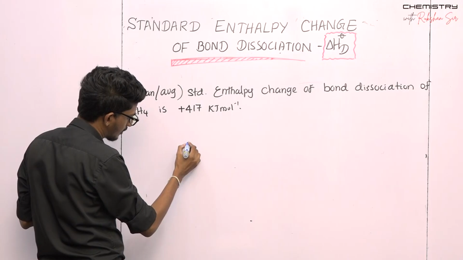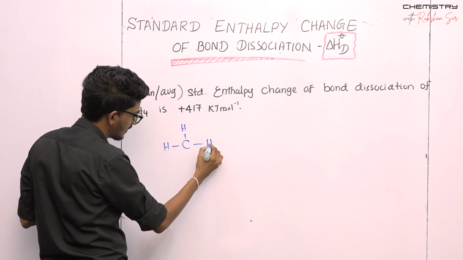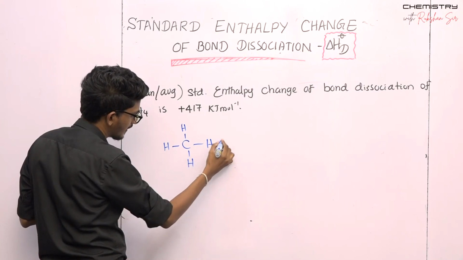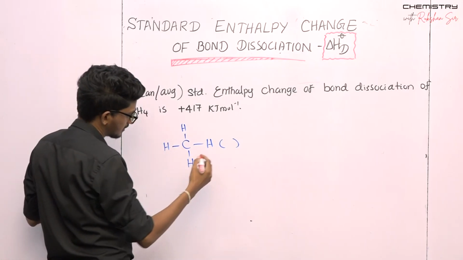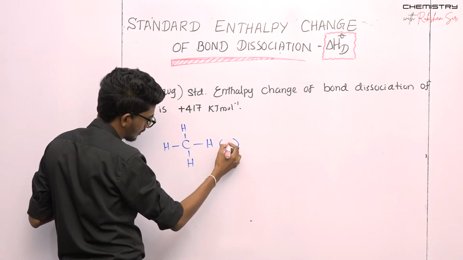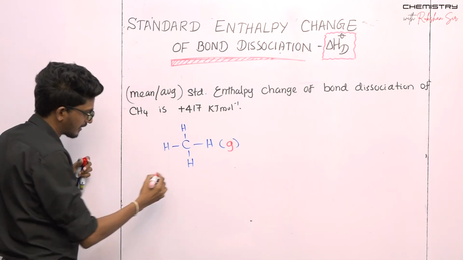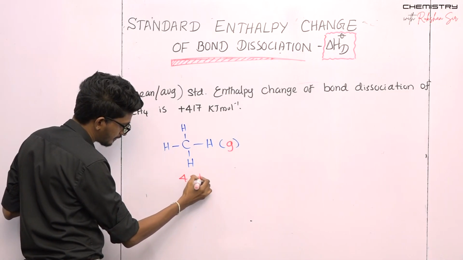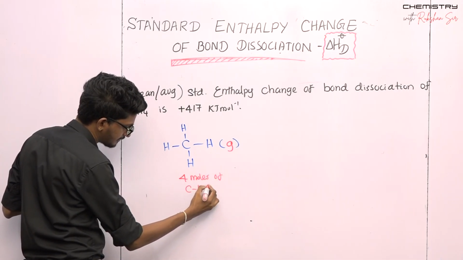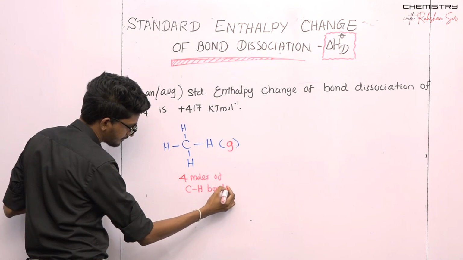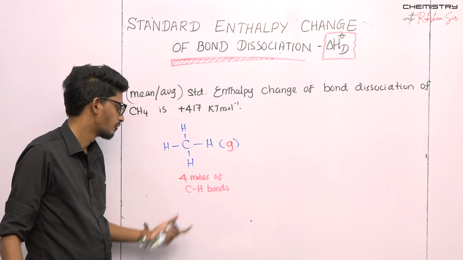CH4 is a compound with multiple bonds, more than 1 bond. CH4 has 4 moles of CH bonds appearing. Not just 1, 4 moles of CH bonds.